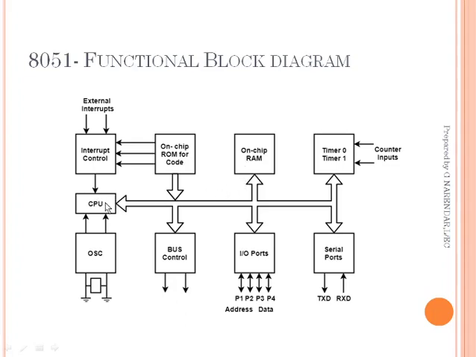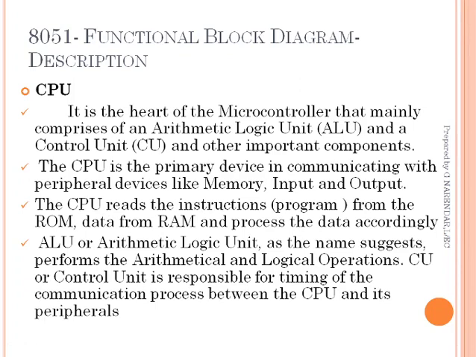A number of operations occur inside your microcontroller, and to sequence and control every other functional block, certain signals are issued by your CPU using the control unit, and these signals tell the other functional blocks when to communicate with the CPU and in what way.